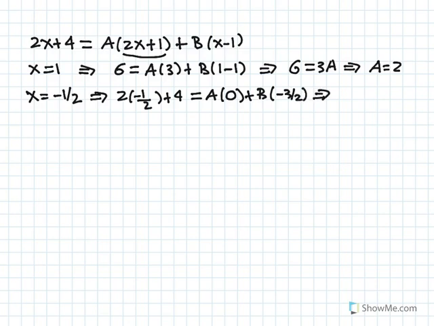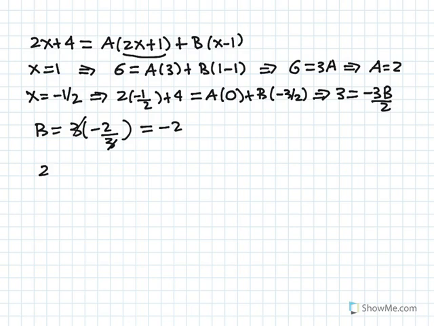So we get 4 minus 1, that's 3, on the left-hand side, equal to minus 3B divided by 2. Solving for B, we get B is equal to 3 times negative 2/3. The 3's cancel out, and B is equal to minus 2.